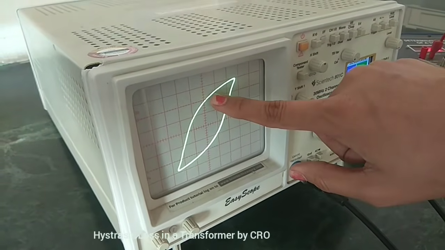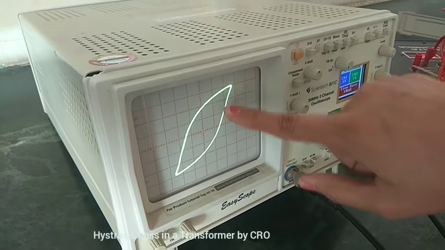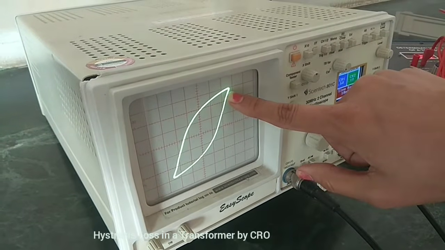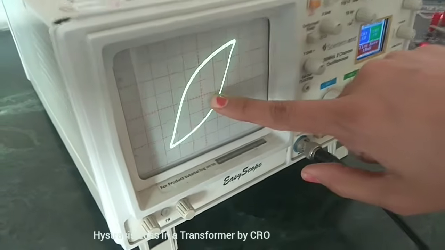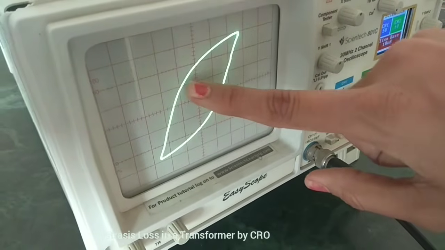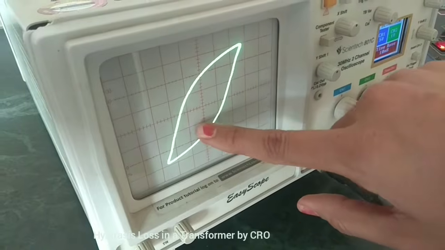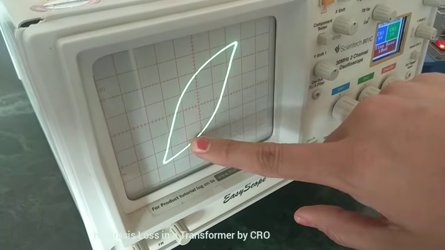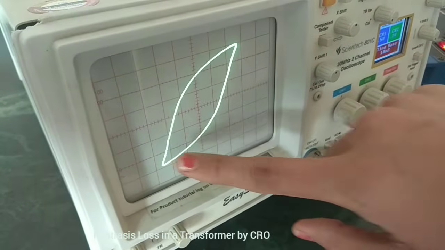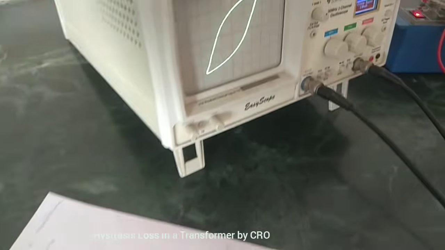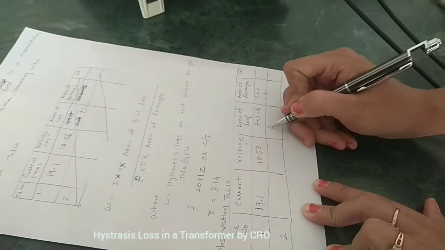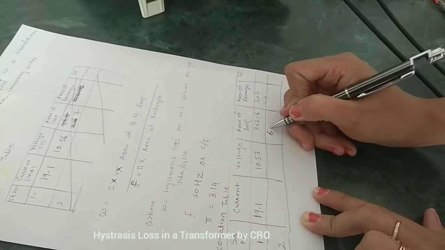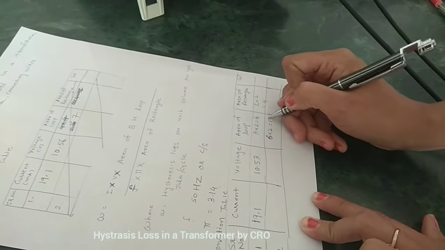Similarly here it is 5, and this one is 6. Similarly here 1, 2, 3, 4, 5 and 6. So the total is 6 into 2, that is 12. The area of the loop is 12.